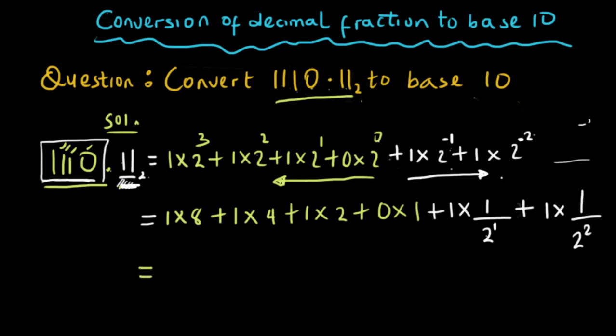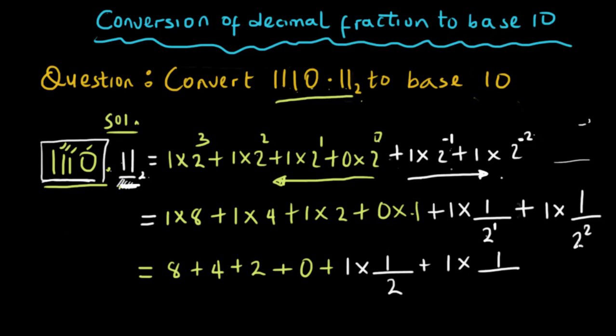1 times 8 is 8, plus 1 times 4 is 4, plus 1 times 2 is 2, plus 0 times 1 is like a bomb, so it destroys it, 0. Plus we have 1 times 1 all over 2 raised to power 1, which is 2, plus 1 times 1 all over 2 raised to power 2, which is 2 times 2, which is 4.